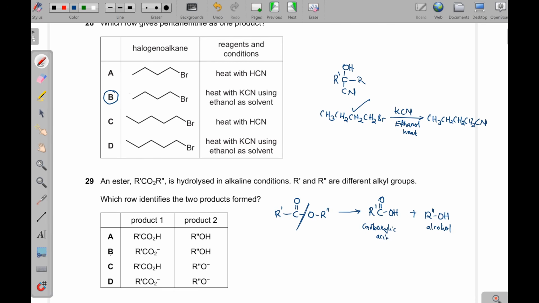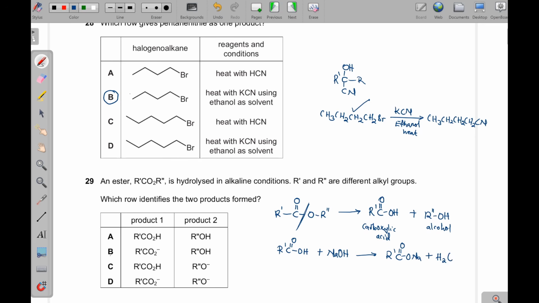Okay, then after that, because this is done under alkaline conditions, the carboxylic acid here will then react with the what? The alkali. Okay, we then react with the alkali, like for example, if it is sodium hydroxide, then you will get this one here, plus what?